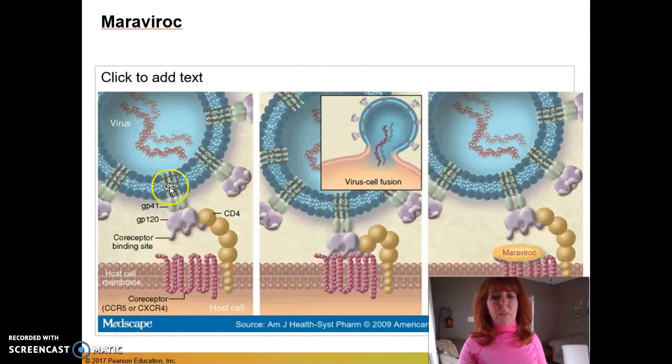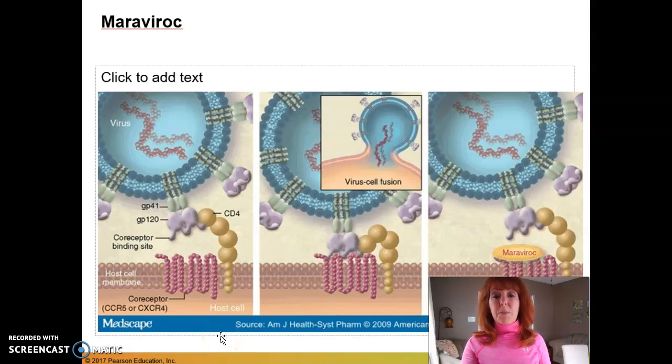When HIV comes in and attaches itself to CD4, the CD4 will actually bend, and the GP120 is looking for this CCR5. It's only when HIV can interact with both of those proteins, both CD4 and CCR5, that the virus is able to get into the cell.